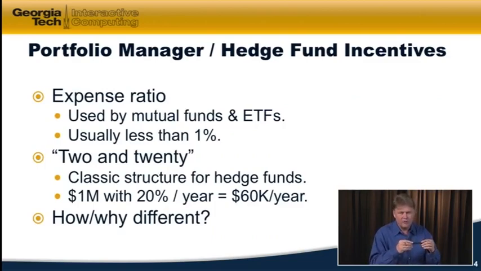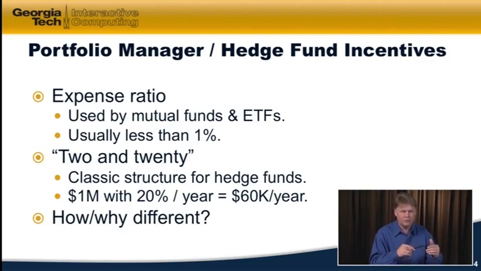The incentives are primarily set by how he or she gets paid. And there are a couple primary ways that we look at how they're paid. One is strictly called an expense ratio, and this is the way many mutual funds and exchange-traded funds, the way those who manage them are compensated.